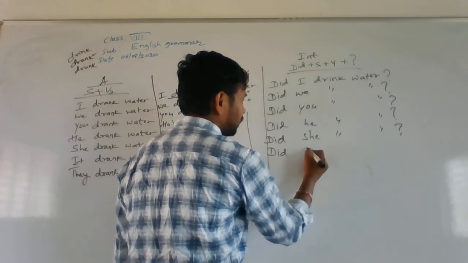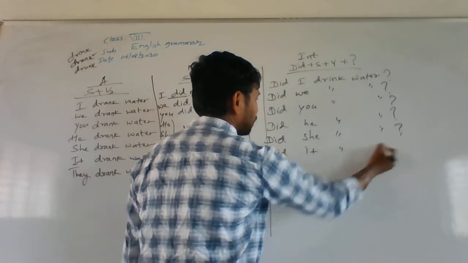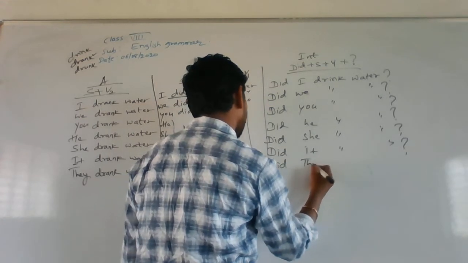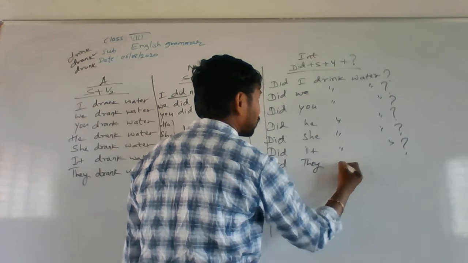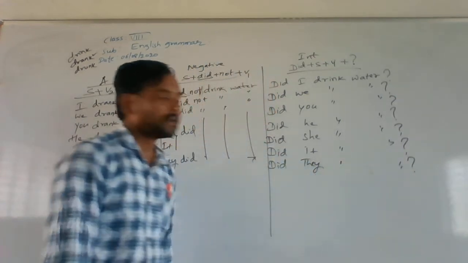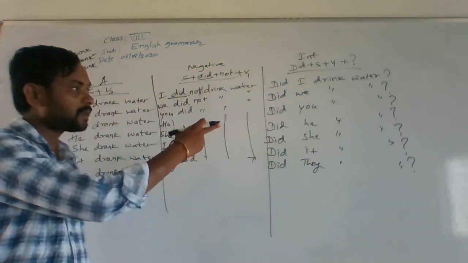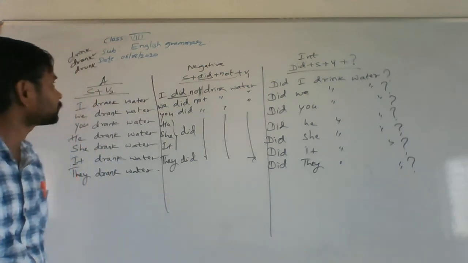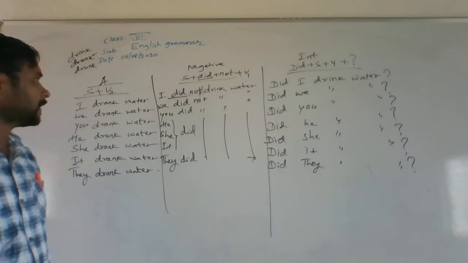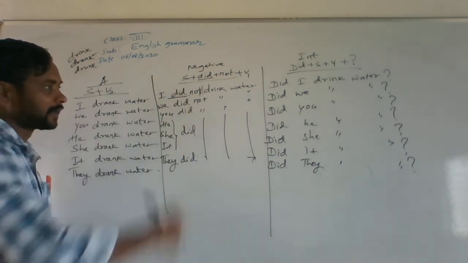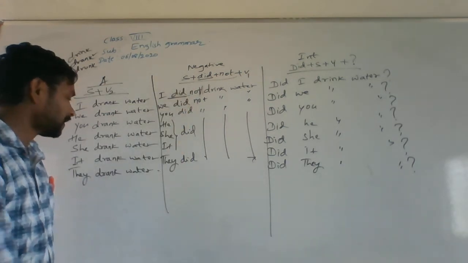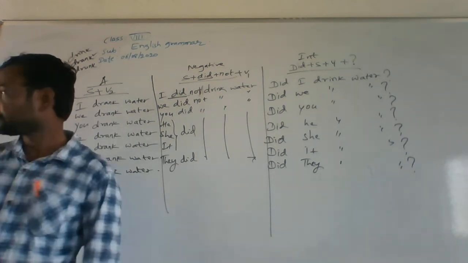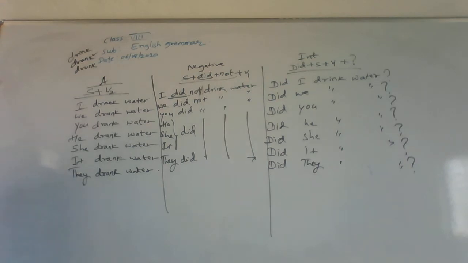Then did it drink water? Then did they drink water? That is an interrogative. Now you write down assertive, negative, and interrogative. Three sentences are here. All three sentences you have to write down.